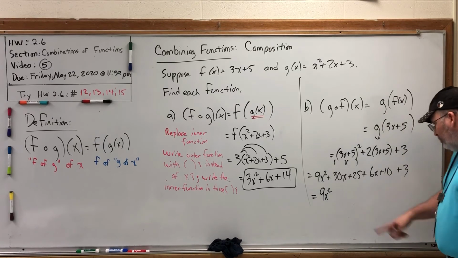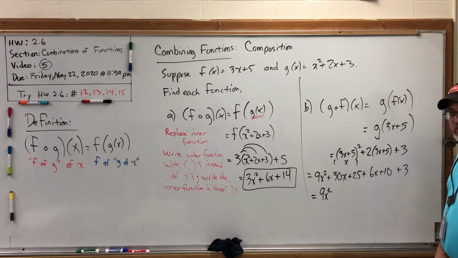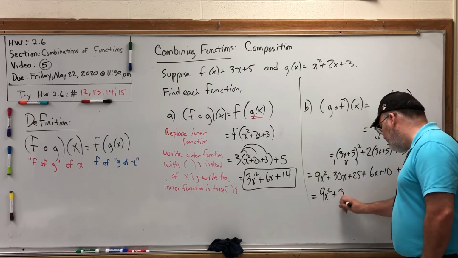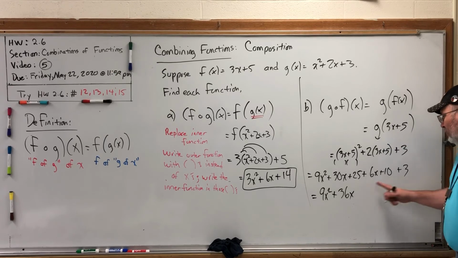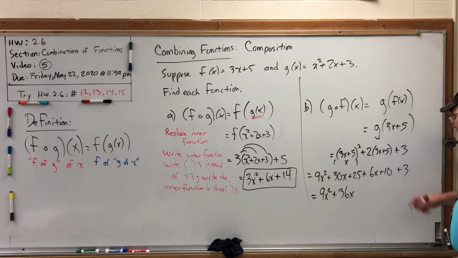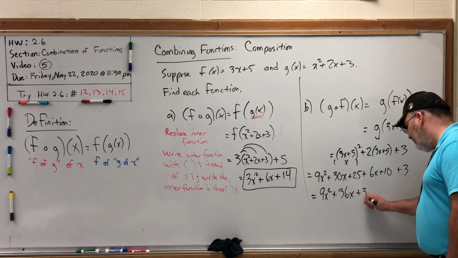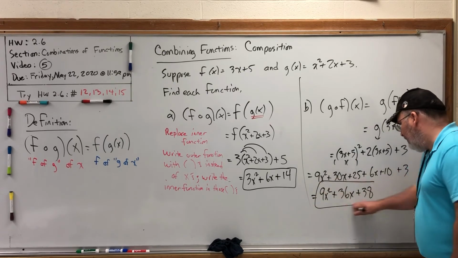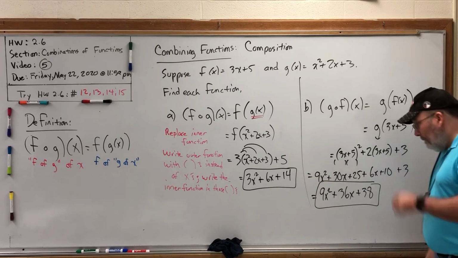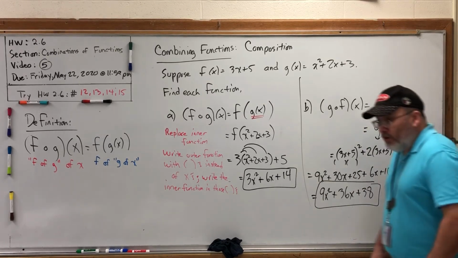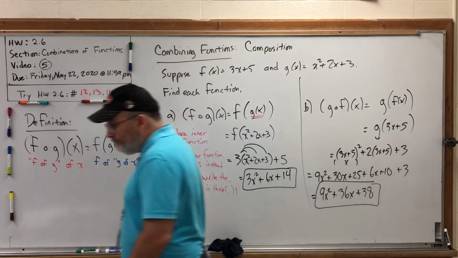We have two x terms, a 30x and a 6x, so that gives us plus 36x. And we have not one, not two, but three constant terms. 25 plus 10 is 35, plus another 3 is plus 38. And you'll notice we got a completely different function in there. The only thing they have in common is that they're both quadratic functions with 3 terms.